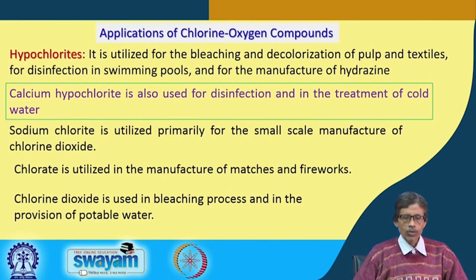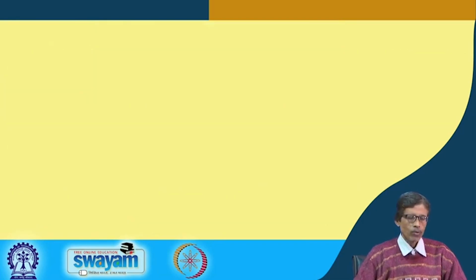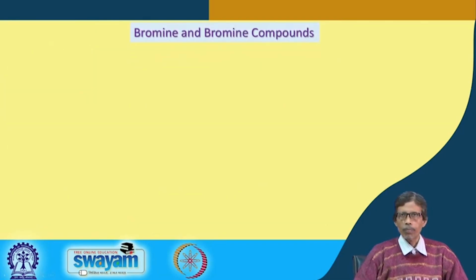If we can kill the bacterial growth, the fungal growth, or any other contamination, such as dye material or any other small organic molecules present in the water, we can destroy all of them by the safe use of chlorine dioxide instead of using direct chlorine gas, whether in a slightly acidic or basic medium. That particular use of the gas ClO2 is a safer one. So, we can use chlorine dioxide for that purpose.